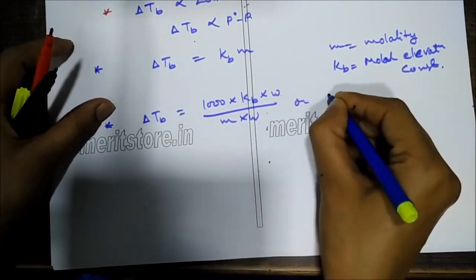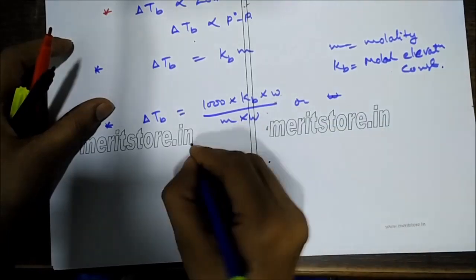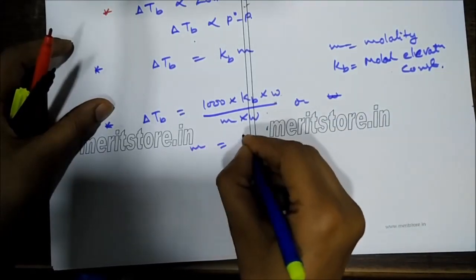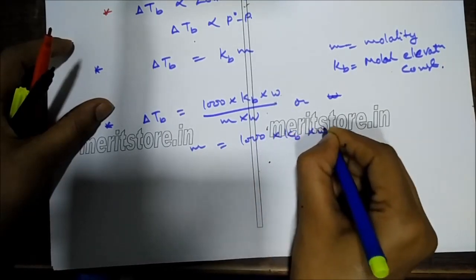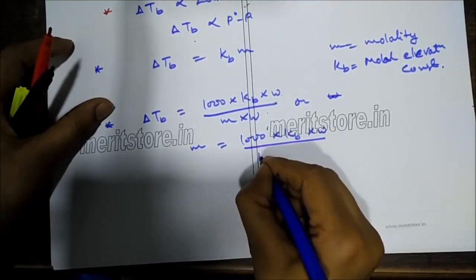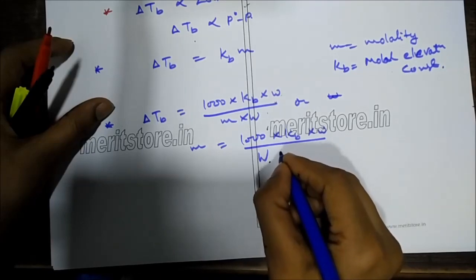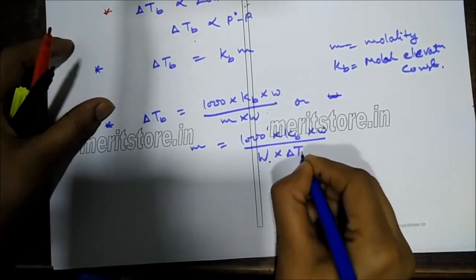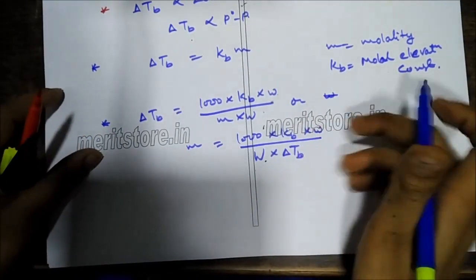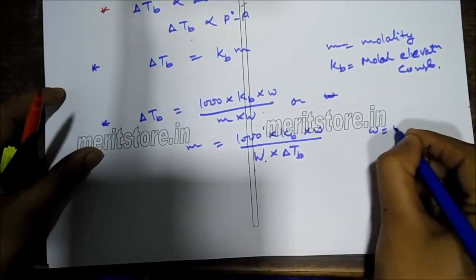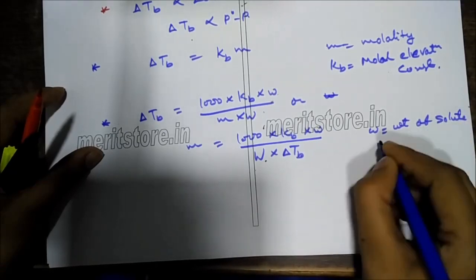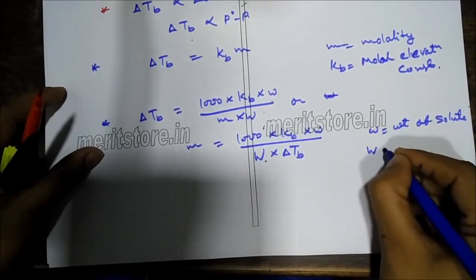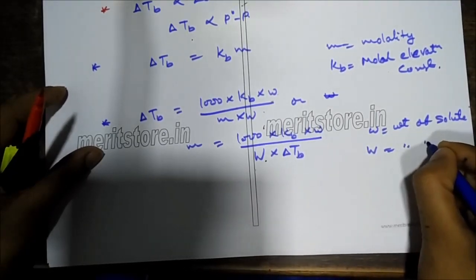Or we can write molality = 1000 × Kb × w upon W × ΔTb. Here small w is the weight of solute and capital W is the weight of solvent.